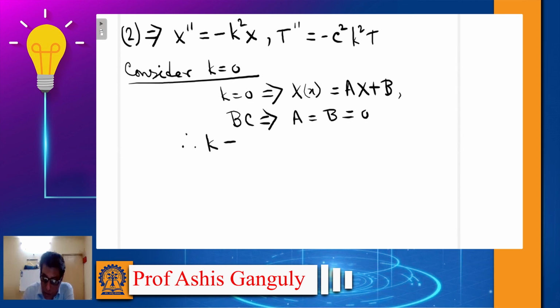Therefore, k not equal to 0. Why? Because an eigenvector cannot be 0. Okay. So from now on, we will consider k not equal to 0. But we don't know whether k is real or not. K may be complex, k may be imaginary, anything may be possible. We have to find k as well as X and T. Okay. That's why it is an eigenvalue problem.